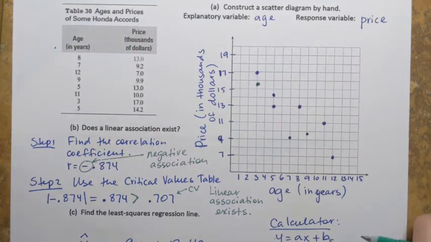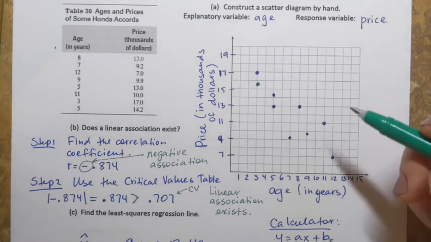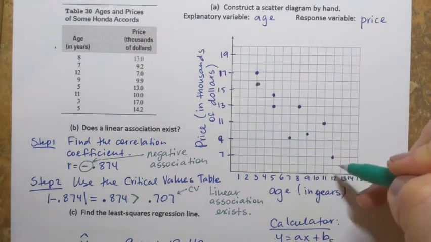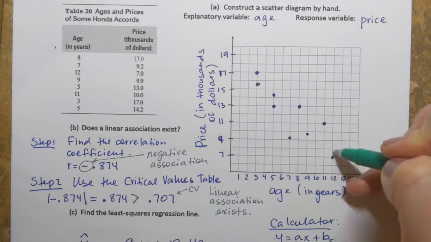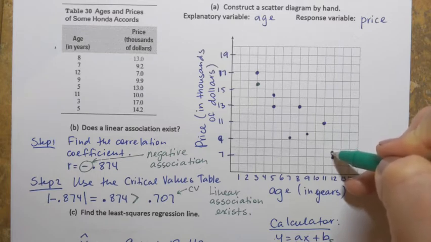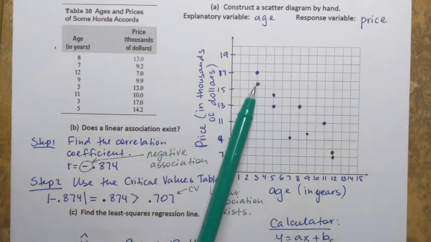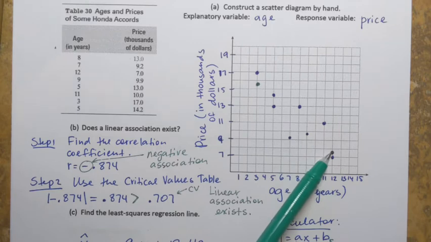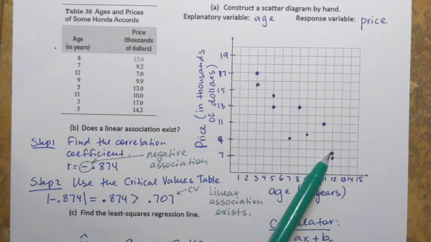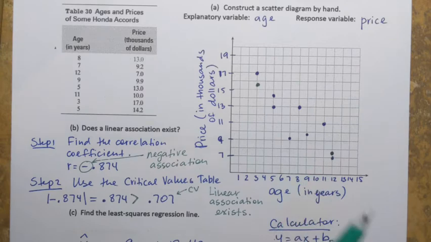And the second point is 12, 7.62, so 12 and then 7.62, so it's close to 8, somewhere over here. Okay, so this point and this point are the ones that belong to the least squares regression line. Now I'm going to find the straight edge and connect those two in a straight line.